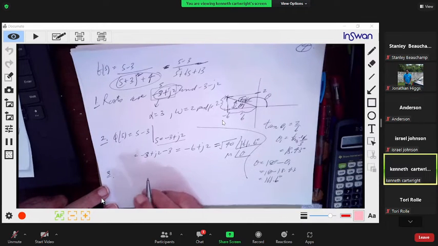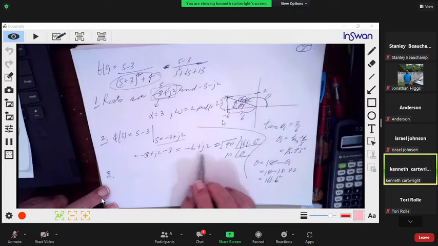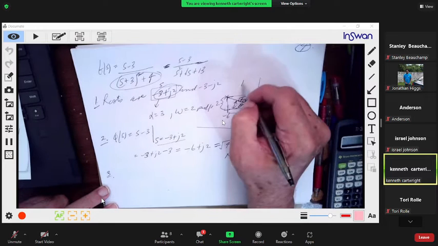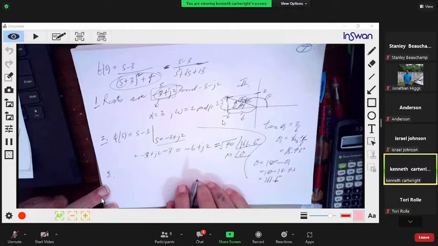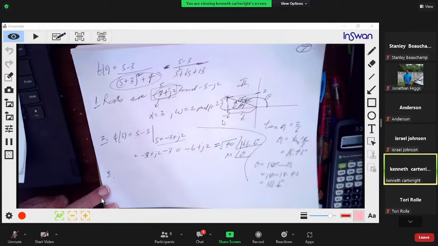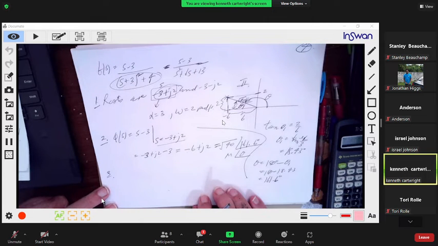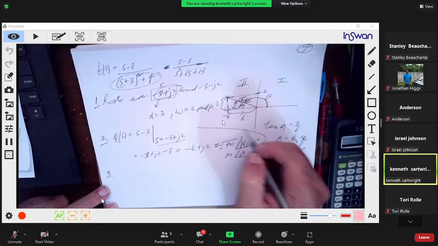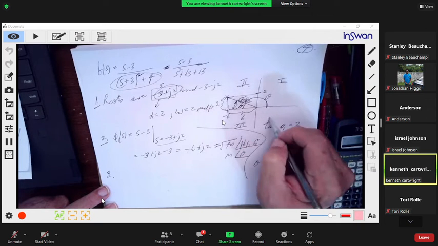Not only that, since this is negative and that's positive, we're in the second quadrant. Second quadrant means your answer is going to be between 90 degrees and 180 degrees. First quadrant, second quadrant, third quadrant, fourth quadrant.